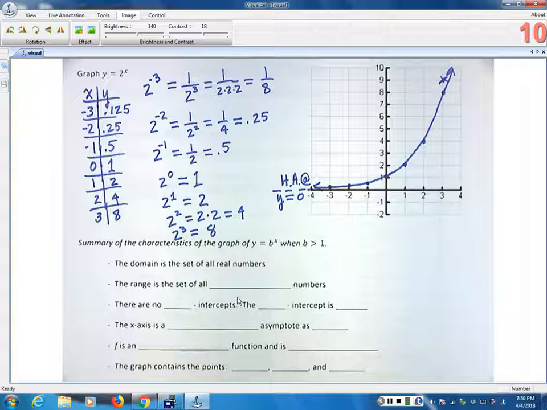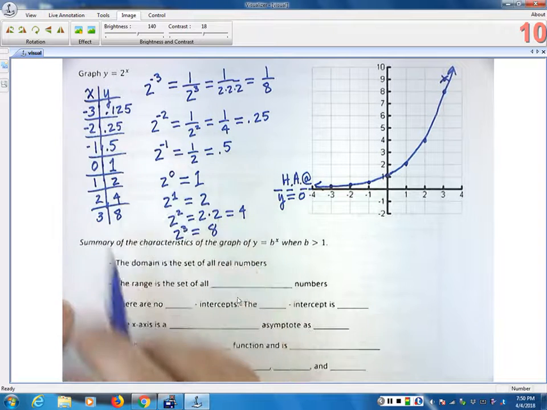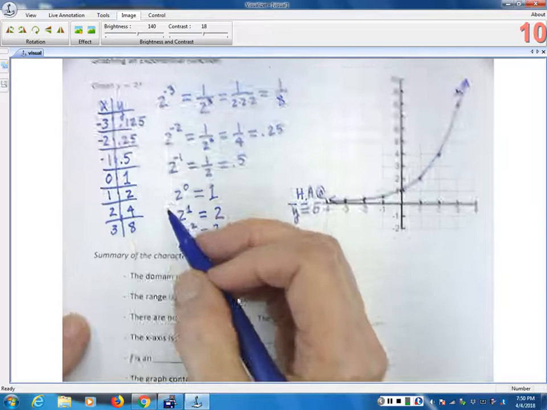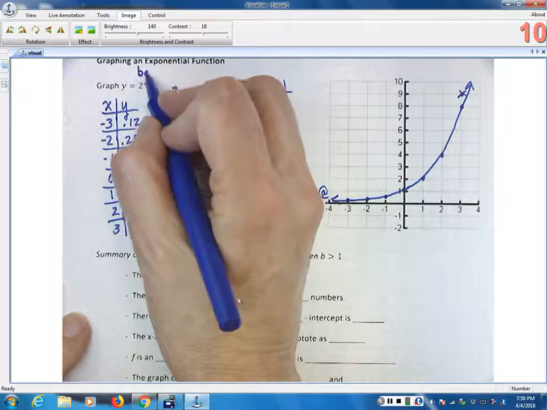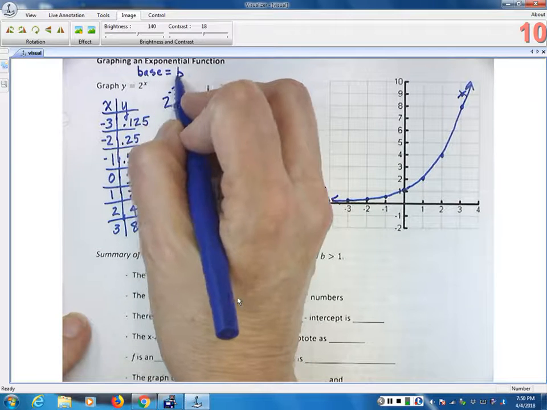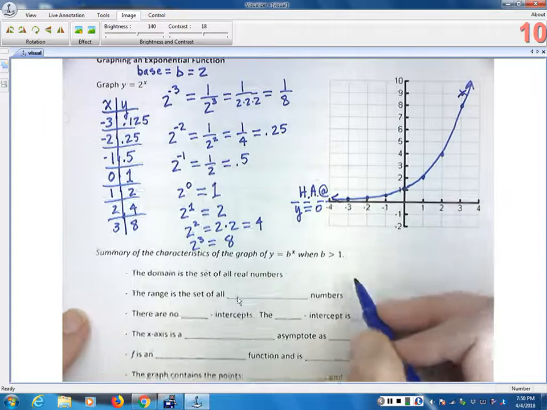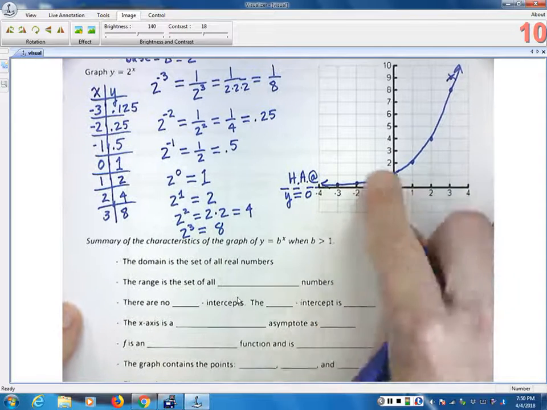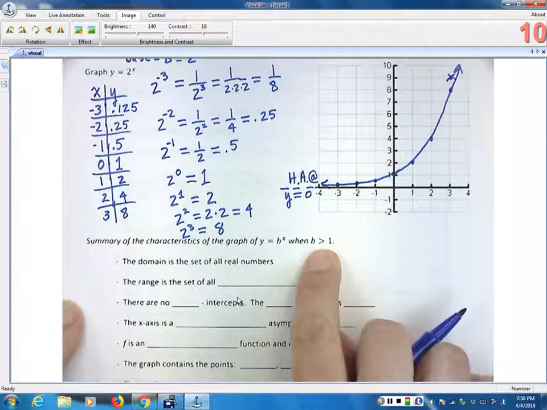Okay, so the base here was 2. Our base, which is our b, was 2. And so this is typical for when we have a base greater than 1.